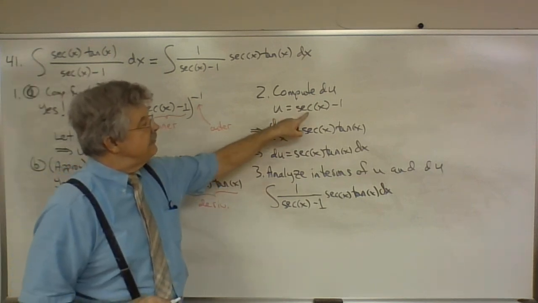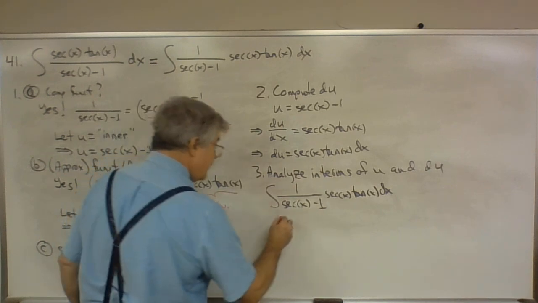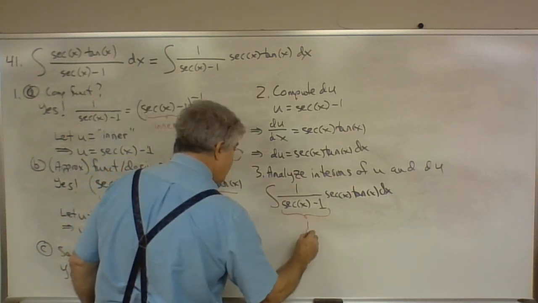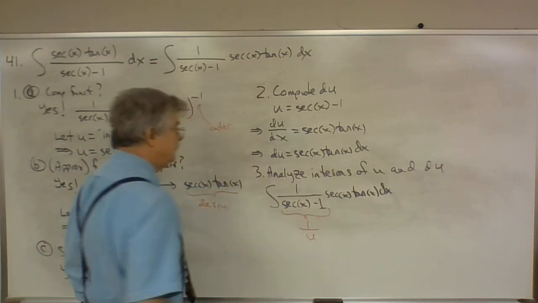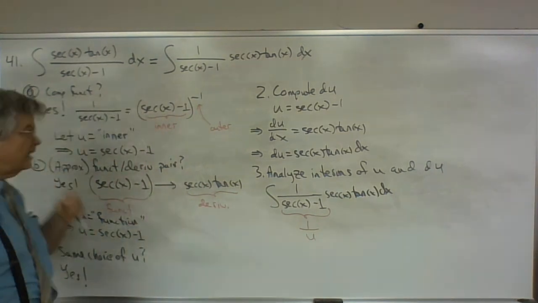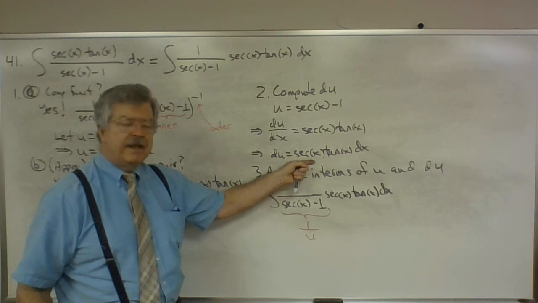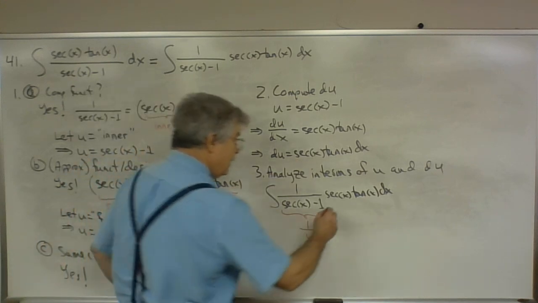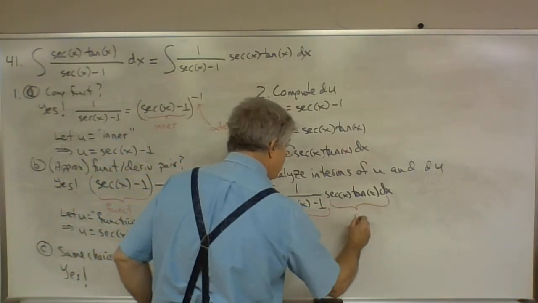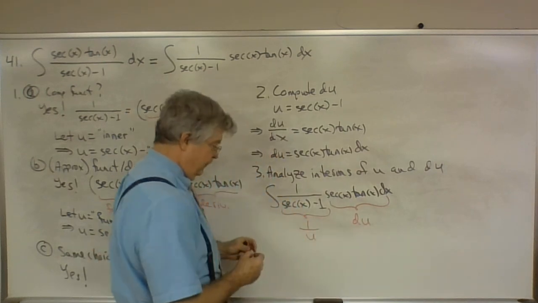Remember, u is secant x minus 1. So this much is 1 over u. And du is secant x tangent x dx. So this is exactly du.